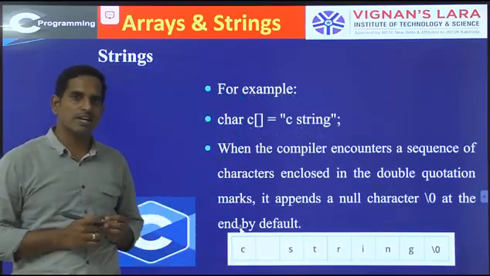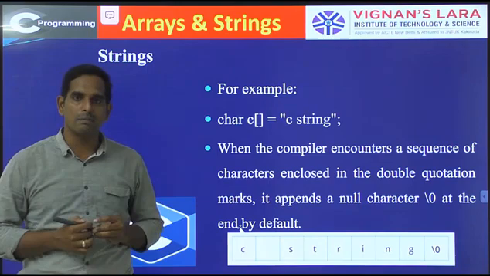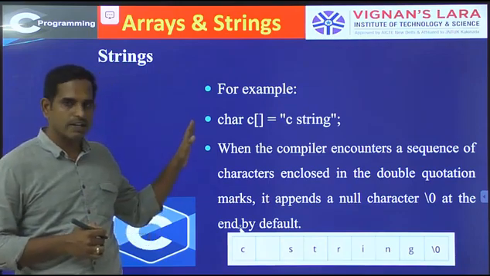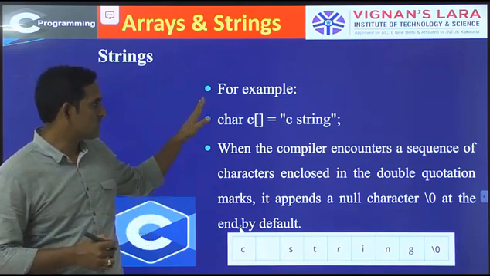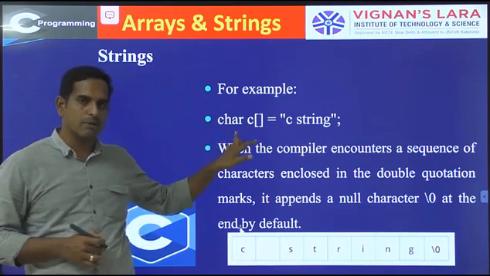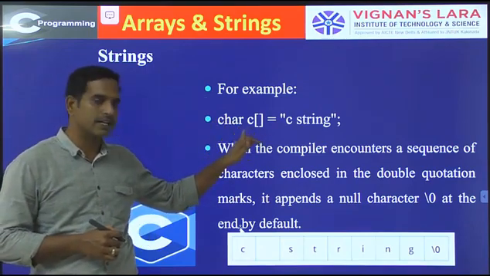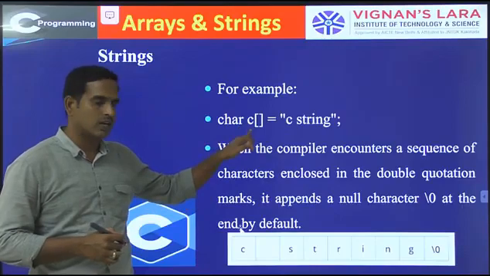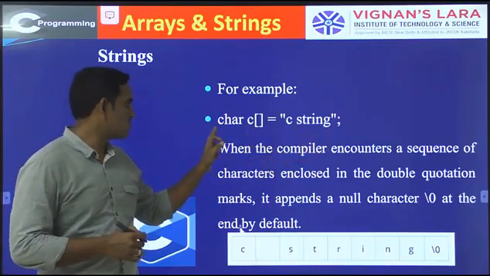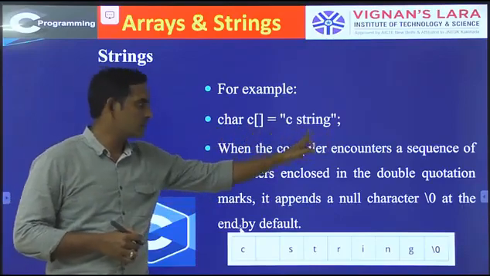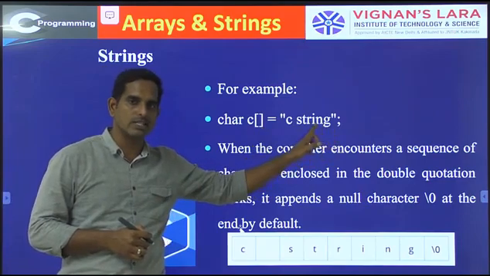In the previous session I told you what a string is and how to implement it in your C programming. A string is declared using a character one-dimensional array. So this is how you declare and initialize a string: char c array, and you initialize your string in this manner.